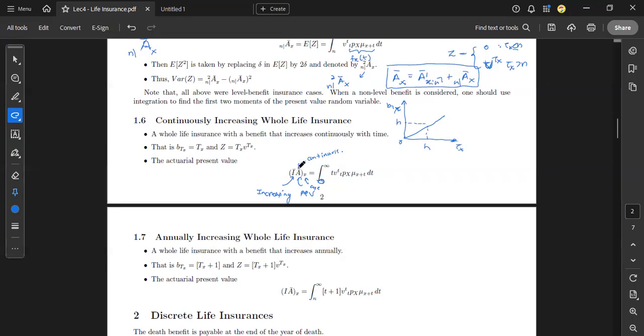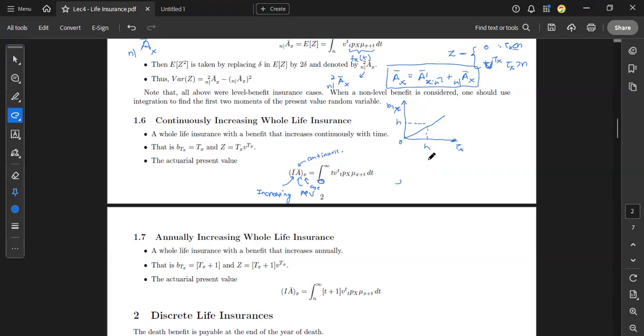Continuously increasing actuarial present value of a whole life insurance purchased at age x. So that's how we can define this notation. And the only difference between A bar x and IA bar x is that you multiply v^t by t and then multiply it by fx(t) before taking the integration from 0 to infinity.